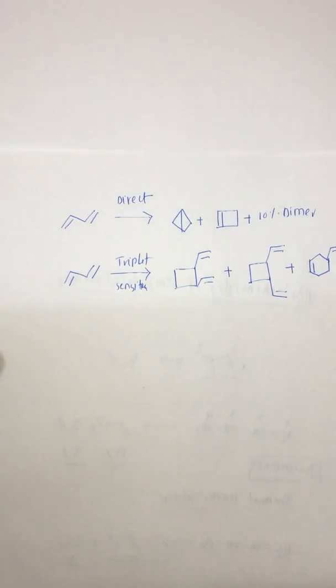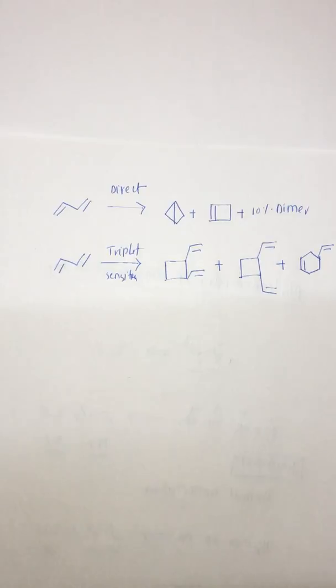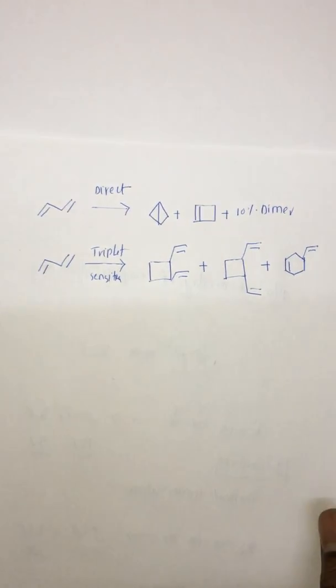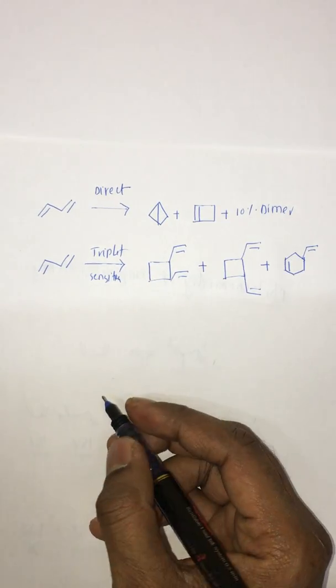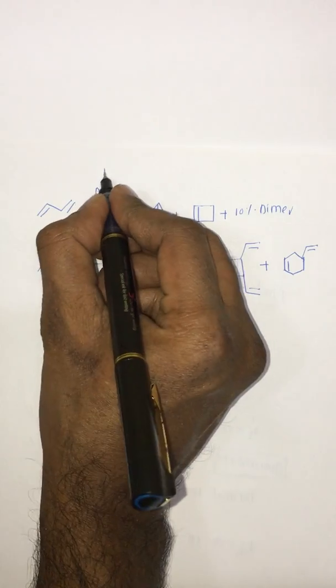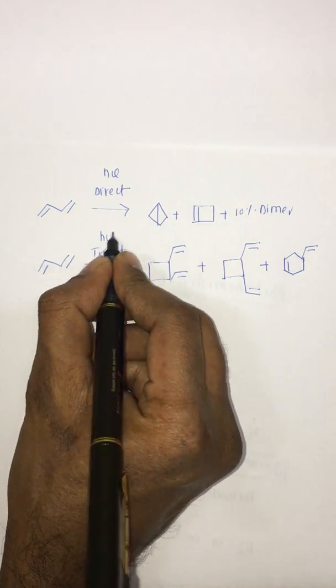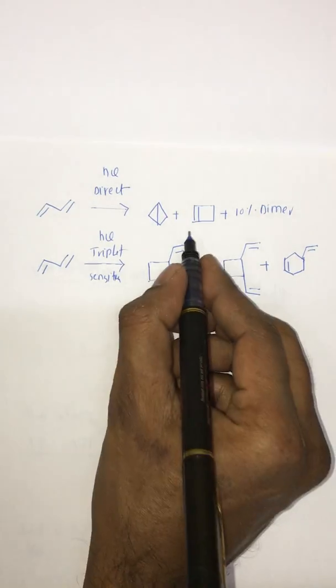These are the 3 products we will get when we use the triplet sensitizer. So we'll see the mechanism for all 3. This is also photochemical light and this is also photochemical light. And what is the mechanism for this?